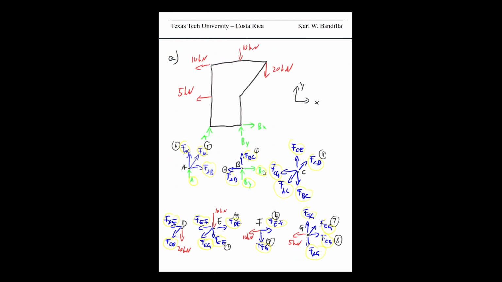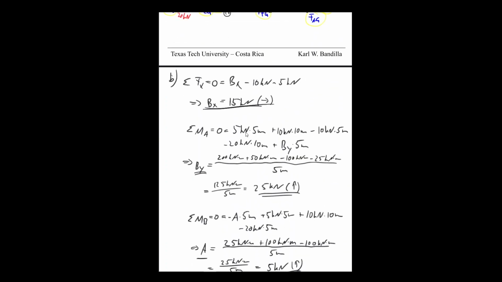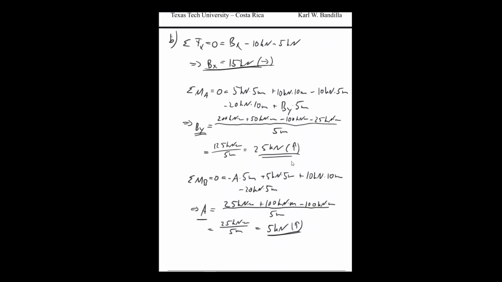That means FAB is equal to BX. Where is BX? It's 15 kilonewtons, and that means it's in tension. FAB. All right, that was my point B.